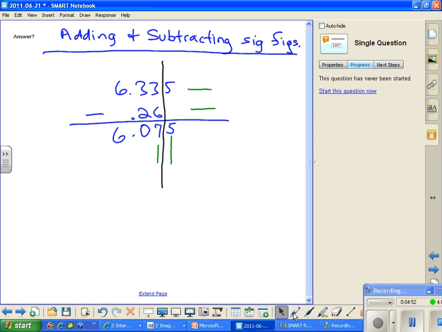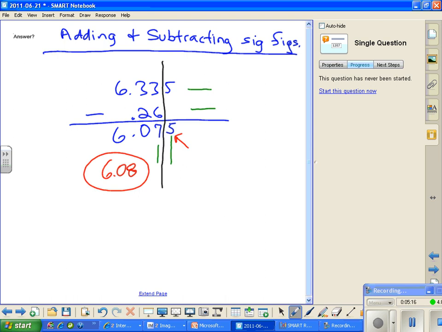And now that we've drawn the line, we look and see if we have to round. Because of the 5 right here, I'm going to have to round. So I get 6.08, and that's my final number. That's how many sig figs I can get with that particular operation.